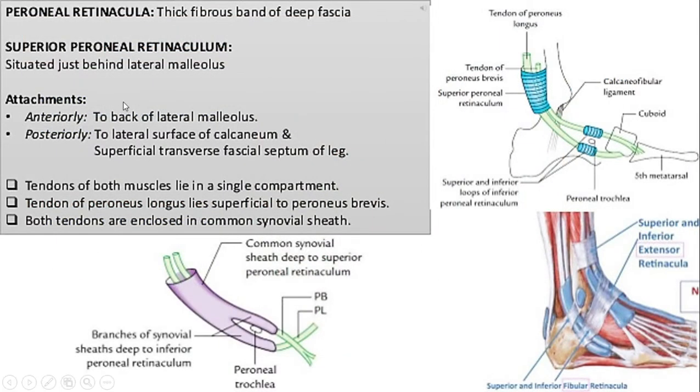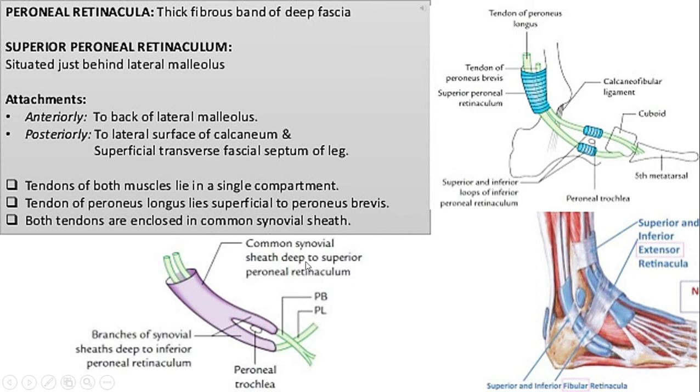Now, as previously discussed, the superior fibular retinaculum is attached from posterior border of lateral malleolus to the lateral surface of calcaneum. You can see it here. And the important point to observe is that under this retinaculum, both the peroneal or fibular tendons are enwrapped by a single or common synovial sheath.